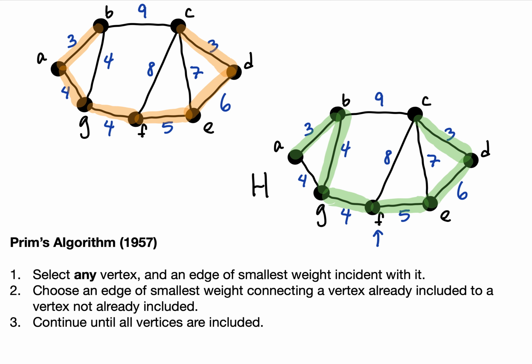So there are 2 different spanning trees in this case, slightly different, that are both minimum. You can prove that both of these algorithms will always select a minimum spanning tree, which is pretty incredible that these are both very simple algorithms, but they can be proven to always work.